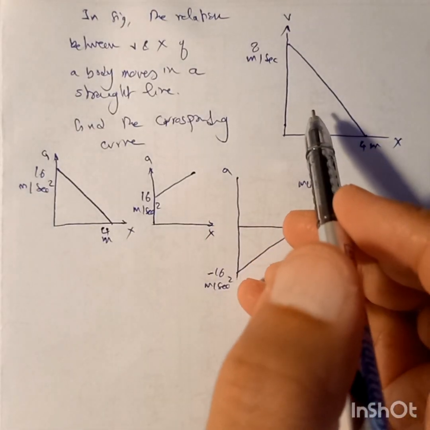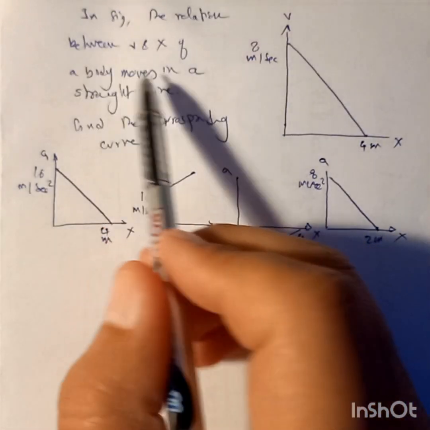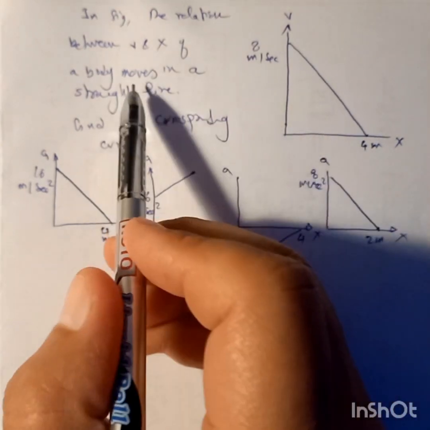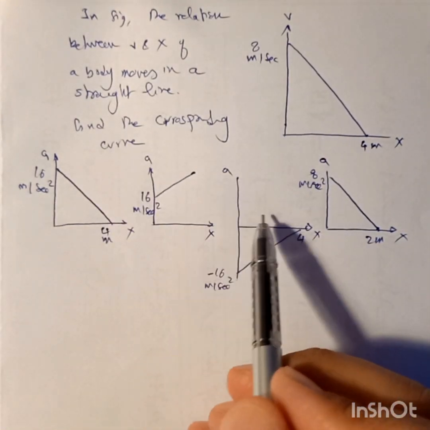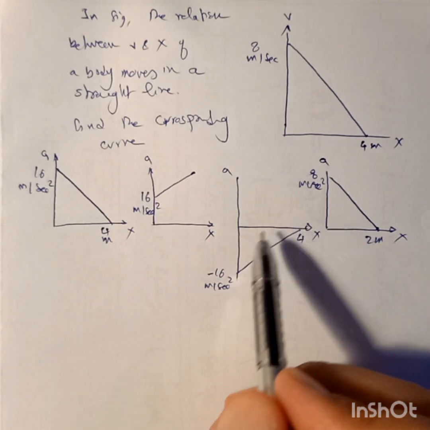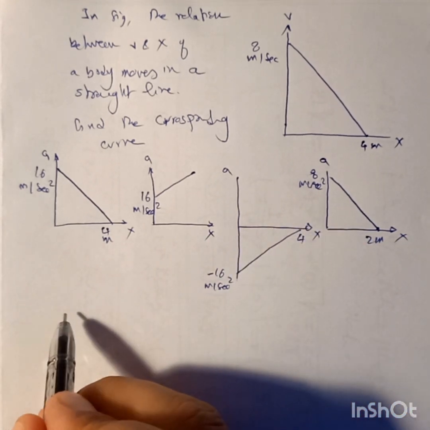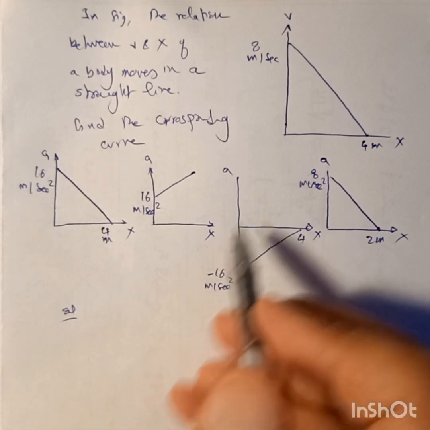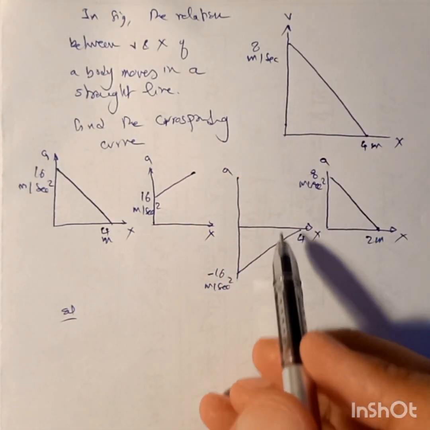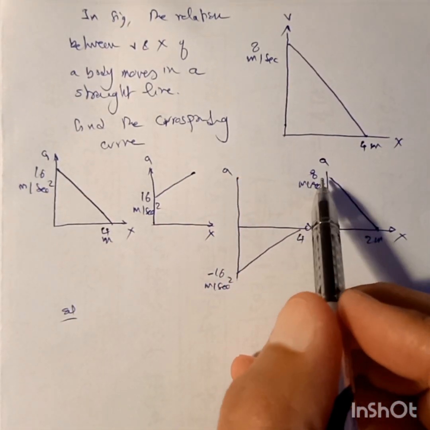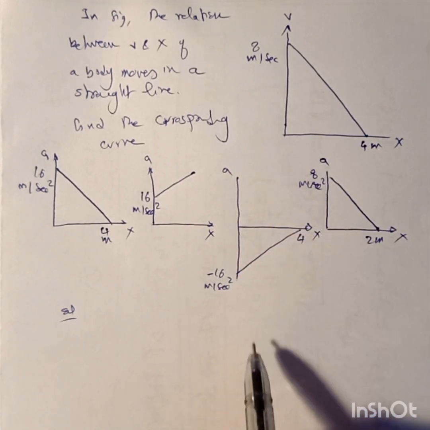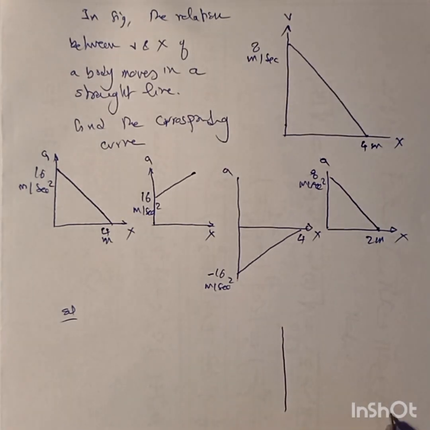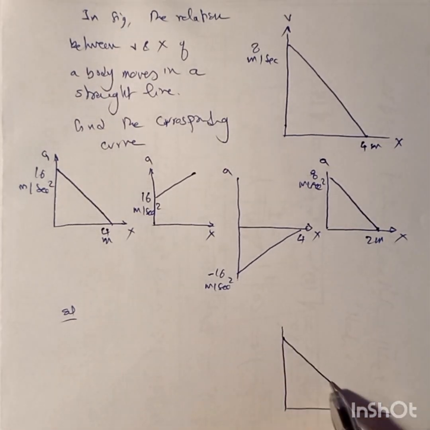Another example: we have the relation between velocity and displacement of a body moving in a straight line. It's required to find the corresponding figure from the given ones. First we study the relation between v and x and find how to convert this curve to an acceleration-displacement curve.